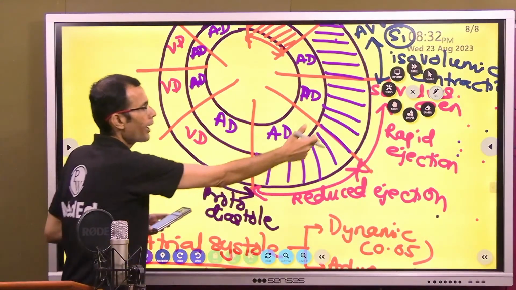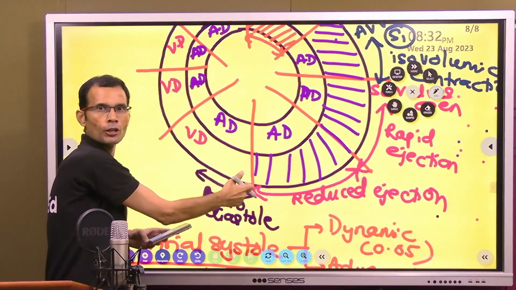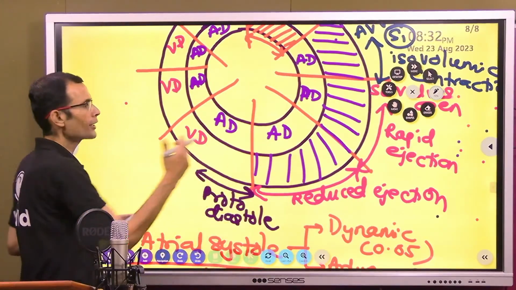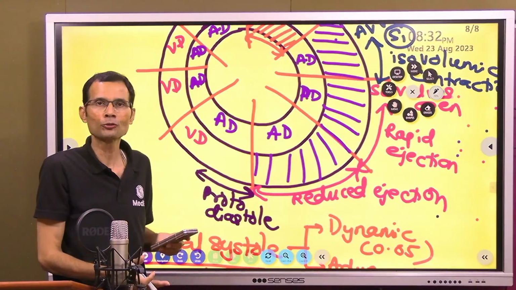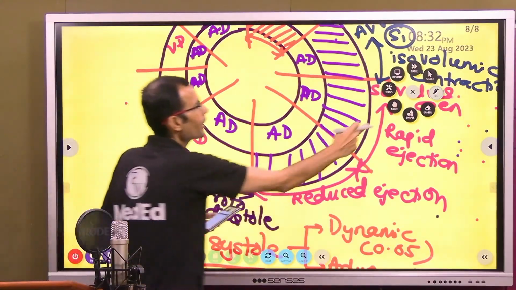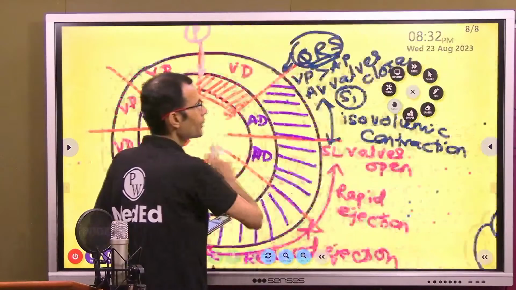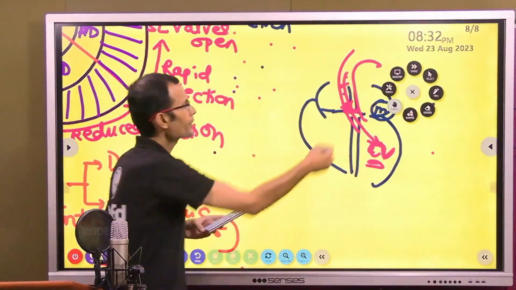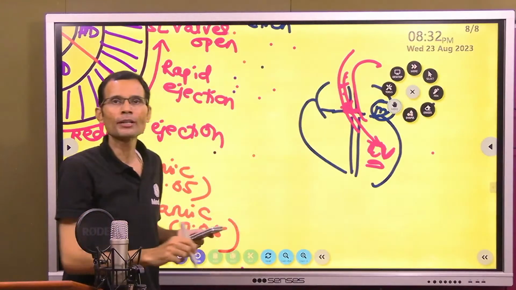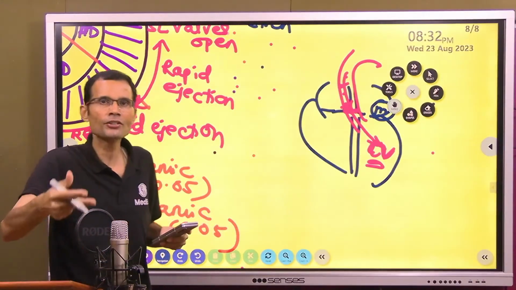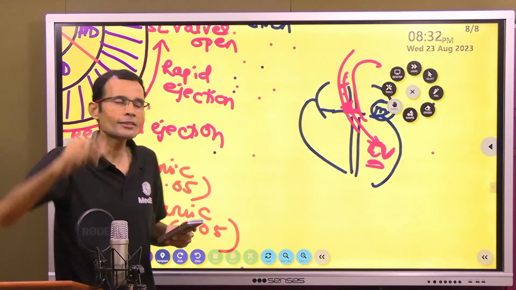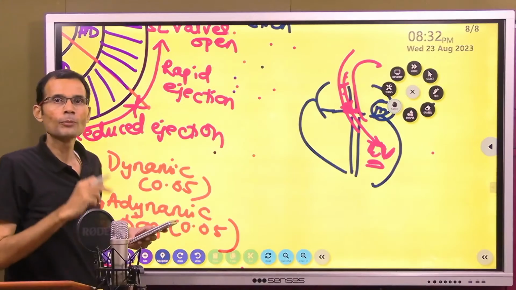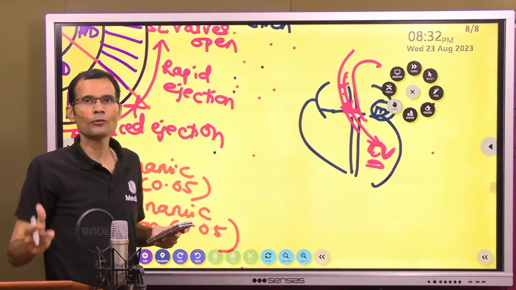So far the ventricles were in systole. Now suddenly the ventricular pressure begins to fall. Ventricular diastole has started, and ventricular pressure begins to fall. So the blood that was ejected forward by the ventricles starts coming back toward the ventricle. This sudden change in the direction of the blood is called protodiastole.